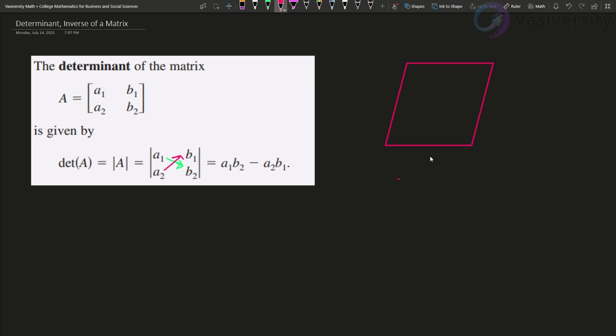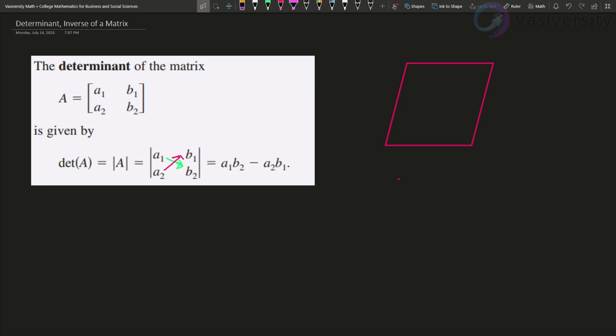The directions forming it as a matrix will give us the exact area of this quadrilateral. That's why it's very useful. We can also use it to find the area of triangles, which we'll learn later as well. So for now, we need to know that this is the determinant.